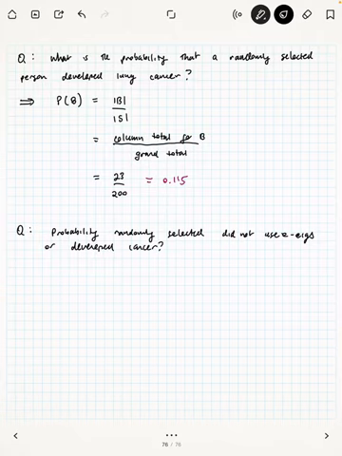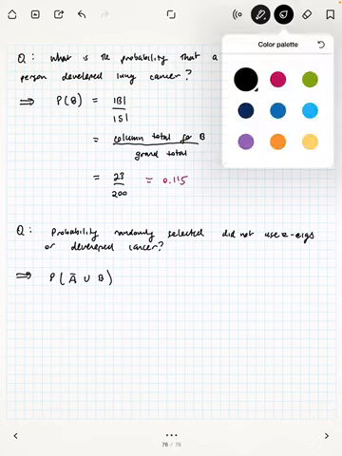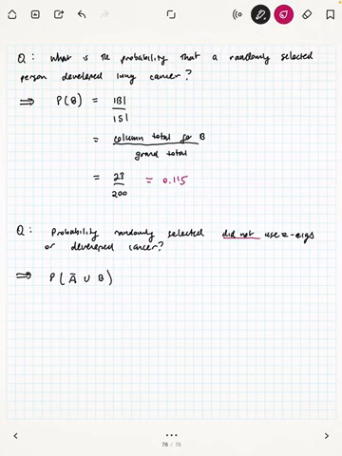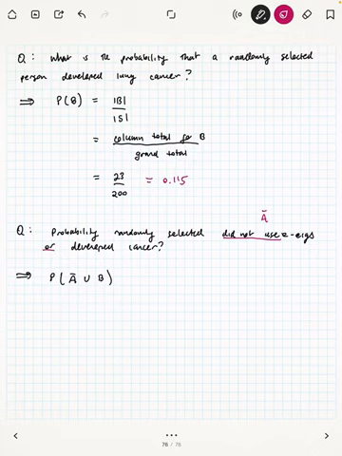In other words, what we're looking for is the probability of A bar union B. So what tells us that I needed to find this? Did not use e-cigs is telling us we're interested in A bar. Or tells us union, and developed cancer is B.